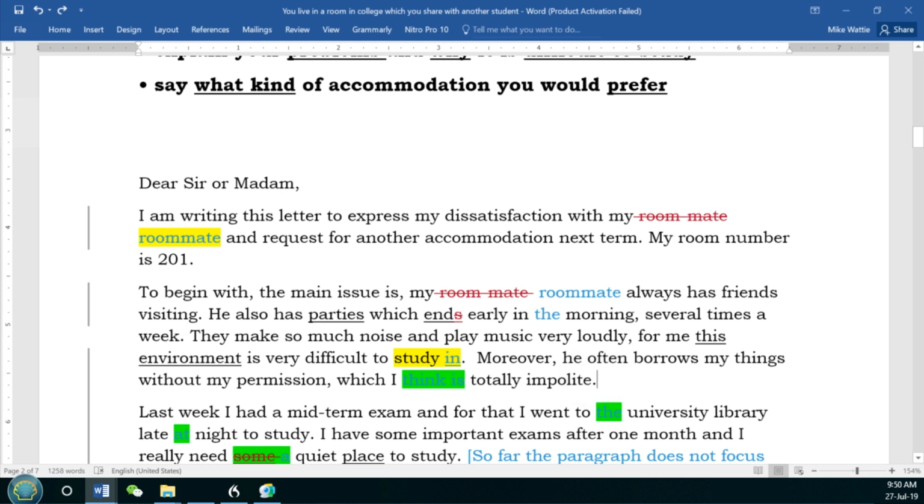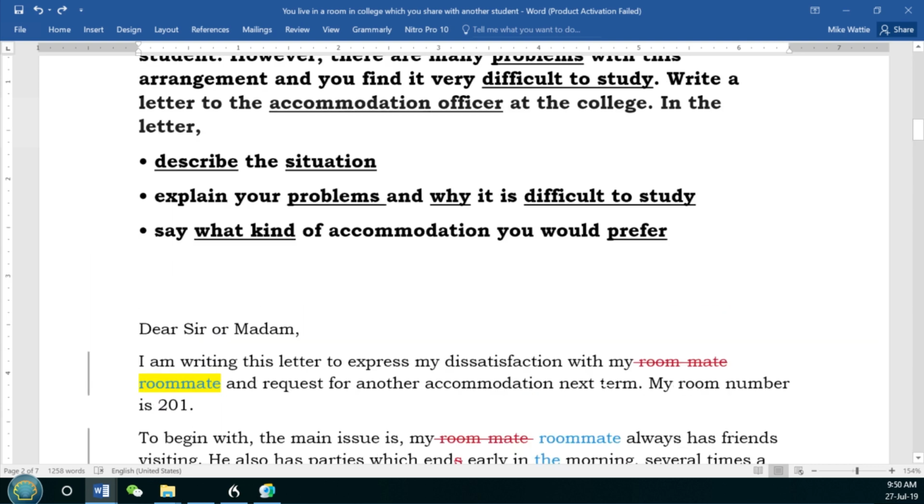So there's some reasonable problems and situation here, but they're all lumped in together. It's difficult to determine exactly what the situation is and what the problems are. They're lumped all in together like a bowl of spaghetti for the examiner to sort out, and so this is not ideal.